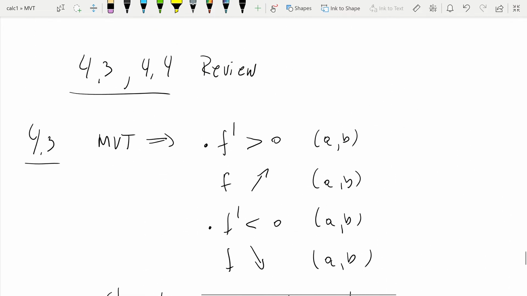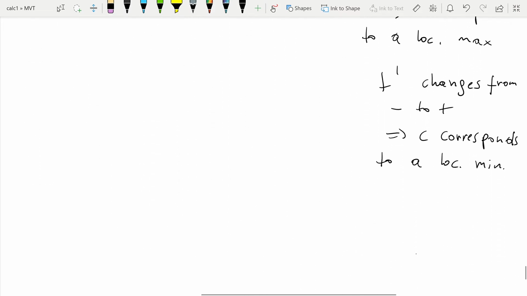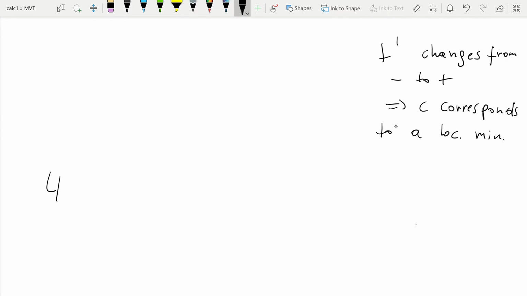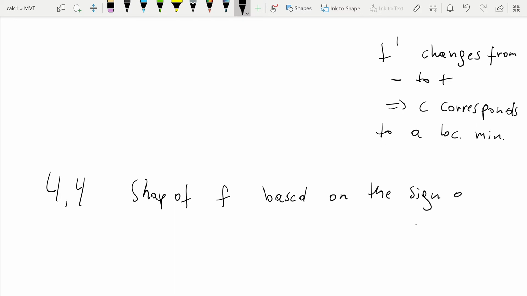Now, for section 4.4, we get information from the second derivative. So this is the shape of f based on the sign of f double prime.